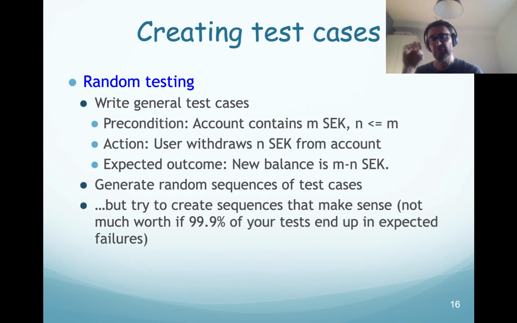Then you take the action in this test case that you withdraw N. So you're now withdrawing N Swedish crowns from the account that has M, which is the same as or larger than N. And the expected outcome is now that the new balance in the account is M minus N. So you can generate random sequences of test cases from this by basically sampling integer numbers M and N and ensuring they fulfill the precondition, right?